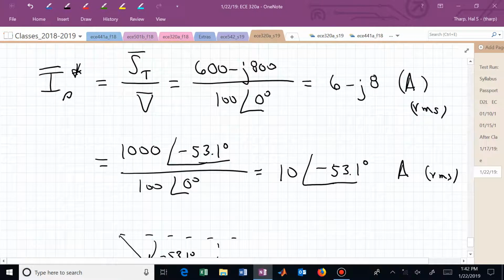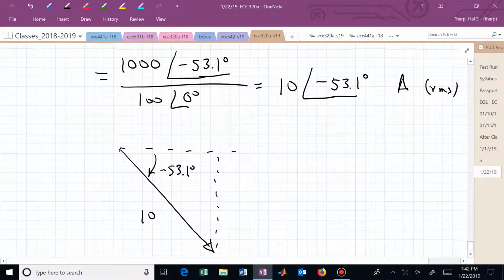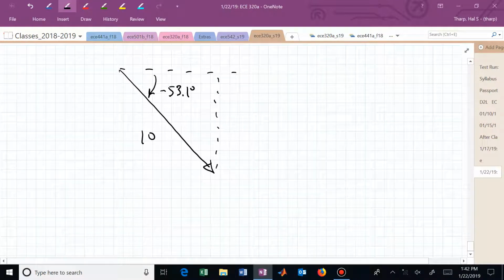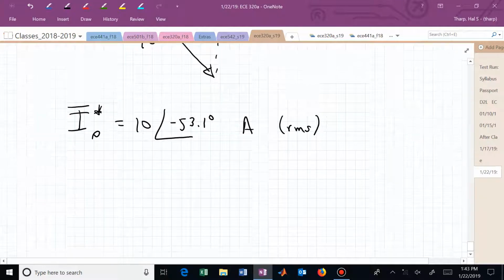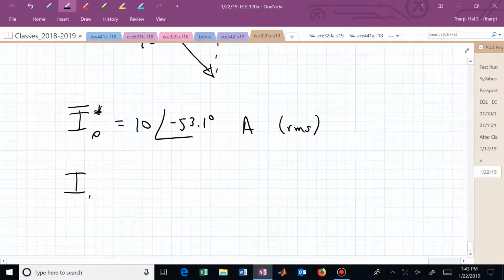But remember, that current was the complex conjugate. So now we have the complex conjugate of our current was 10 at an angle of minus 53.1 degrees. That's straightforward to conjugate.